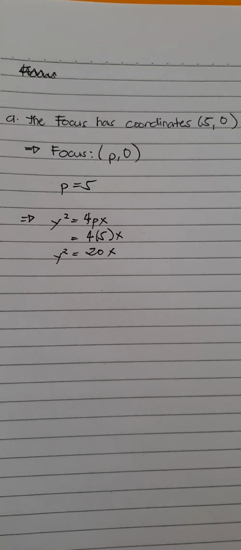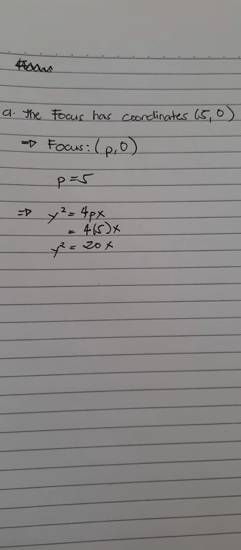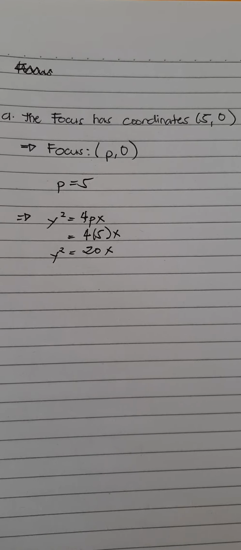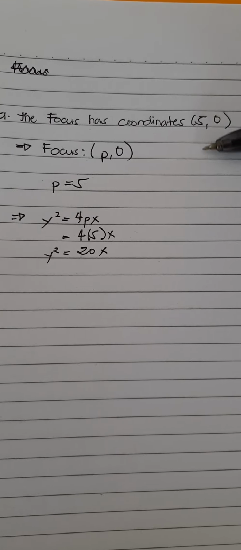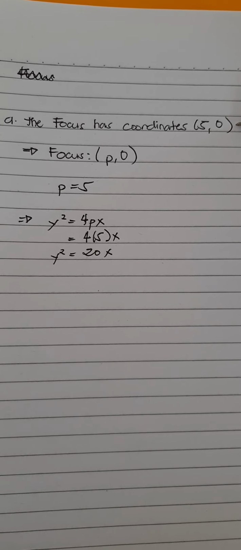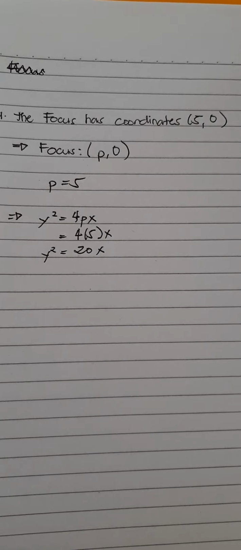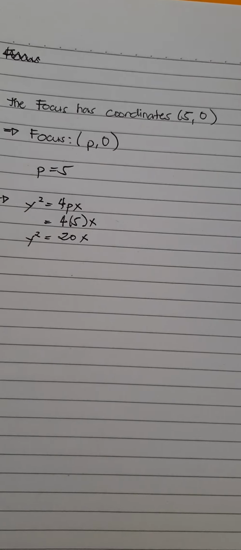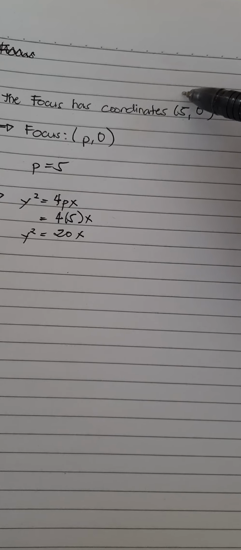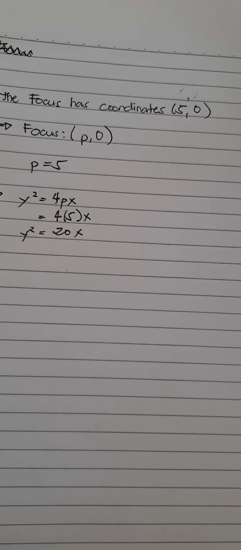Here I have the solution for condition A, wherein the focus has coordinates (5, 0). From the characteristics of a parabola, if we have this point (5, 0), it follows that 5 represents p, paired with 0.